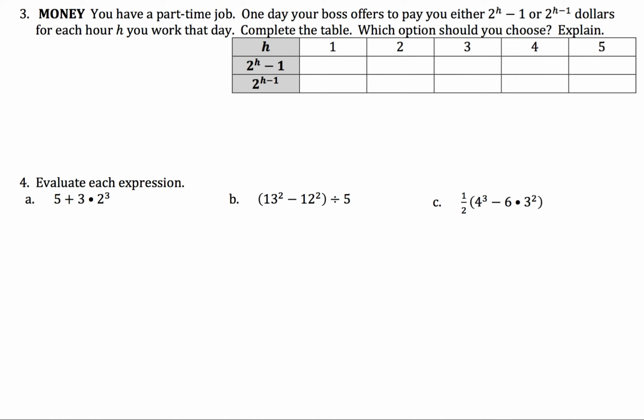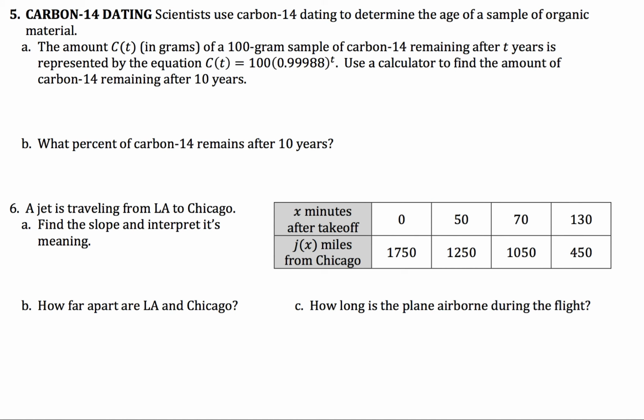Number 3, you're going to fill in the table and answer a question about it. Number 4, you're going to evaluate some expressions using the order of operations. Number 5 is a situation problem similar to the problem we did with the piano on number 8 from the last assignment, this time with carbon dating.